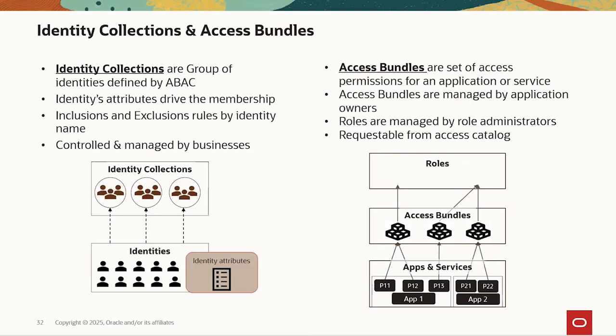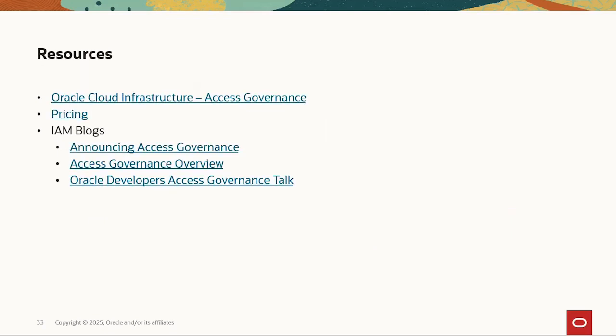You can use those access bundles and identity collections throughout the system to create your provisioning and deprovisioning processes, including workflows and certification cycles. So that's all I had to cover from the access governance system.